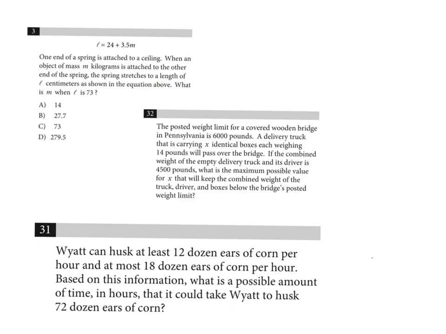Problem 3, one end of a spring is attached to a ceiling. When an object of mass m, so letter M stands for the mass, is attached to the other end of the spring, it stretches out to a length, so L represents the length in centimeters. What is the value of M when L, the length, is 73?